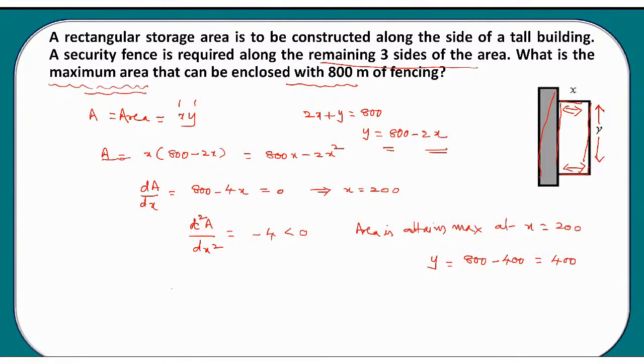The maximum area of the rectangular portion is x into y, that is equal to 200 into 400, that is equal to 80,000 square meters.